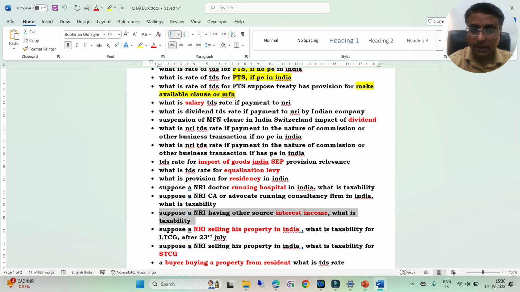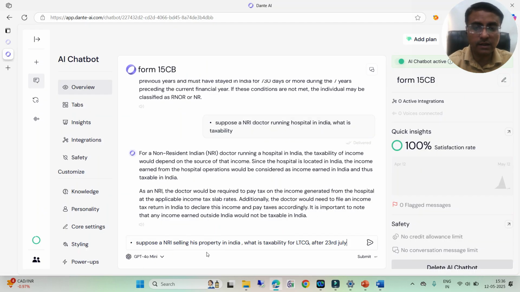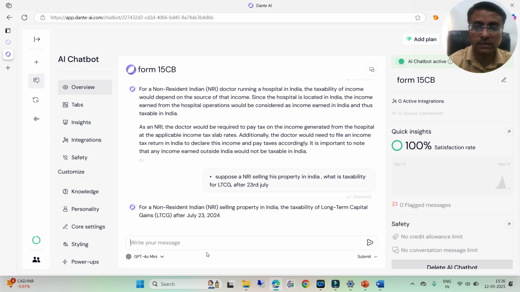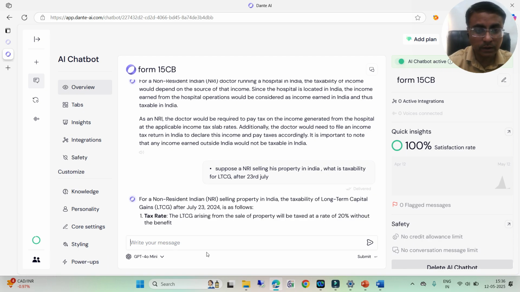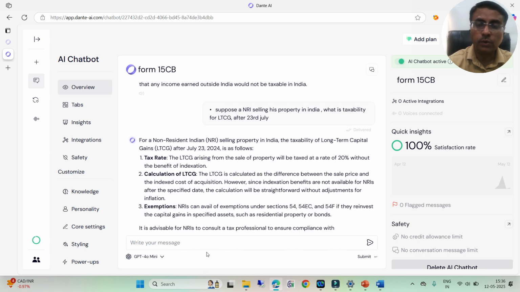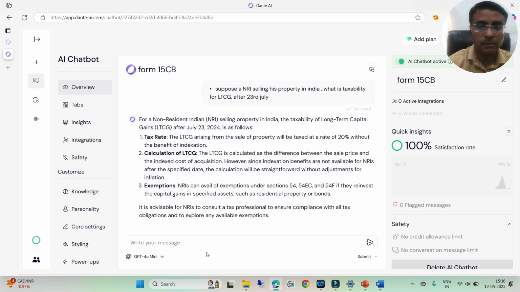Another important question is in respect of an NRI who is selling their property in India after 23rd July. Then 12.5% without indexation is taxed, in respect of long-term capital gain. Suppose you are selling before 23rd July, the tax rate is 20%. Yes, you can go for exemption. It depends.